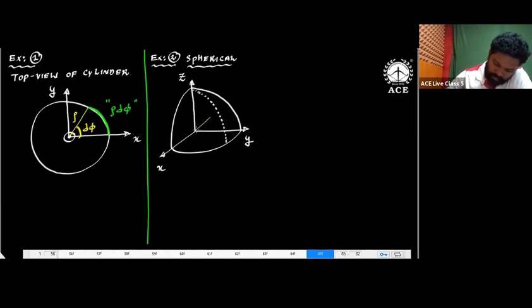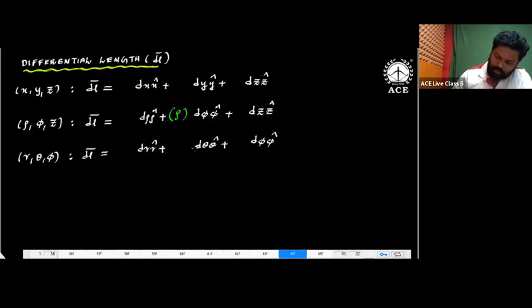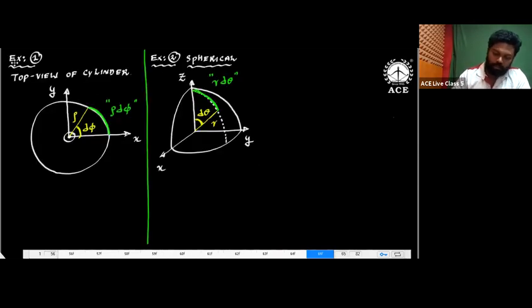Here it is r beta. What is this angle beta? d theta. So what is this arc length? r into d theta. Let me go back. So here you need to multiply with the r. Then what should I do for the last one? Observe here carefully. For that I am going to draw one more diagram.